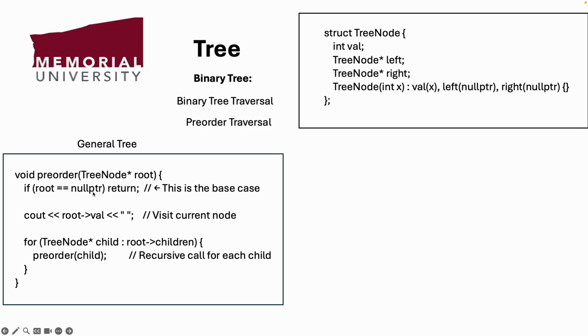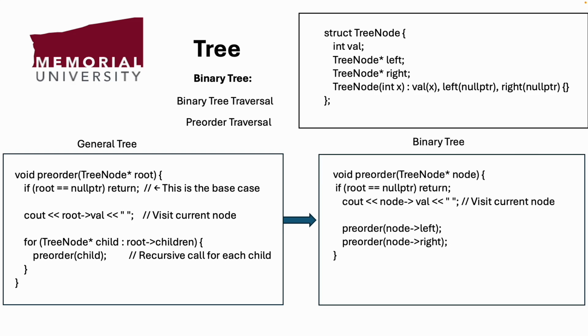This is the general tree. If we convert the general tree into the binary tree, we can see the base case is the same, and we also visit the current node.